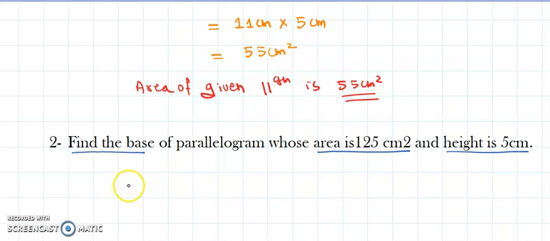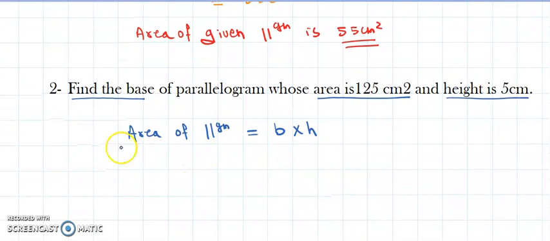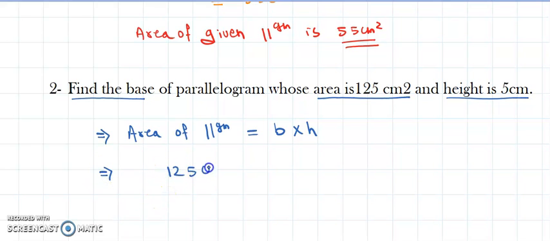Let us first write the formula: area of parallelogram is equal to base multiplied by height. The area is given, so let us substitute 125 centimeter square, and we have to find the base, so I will put the base as B only, and the height is 5 centimeter.